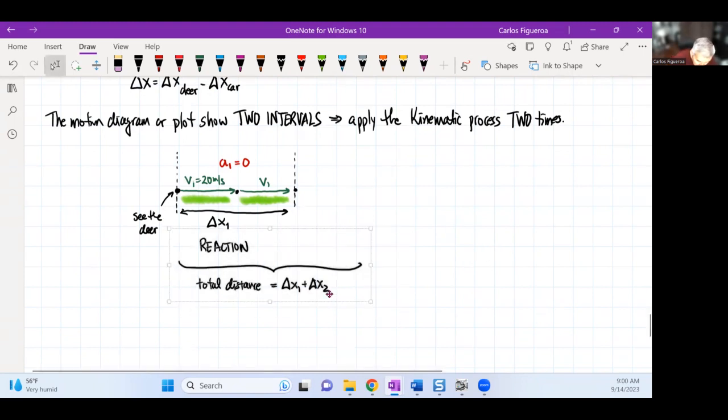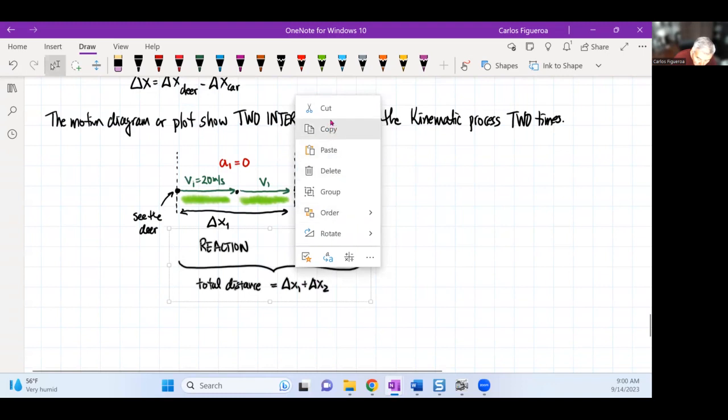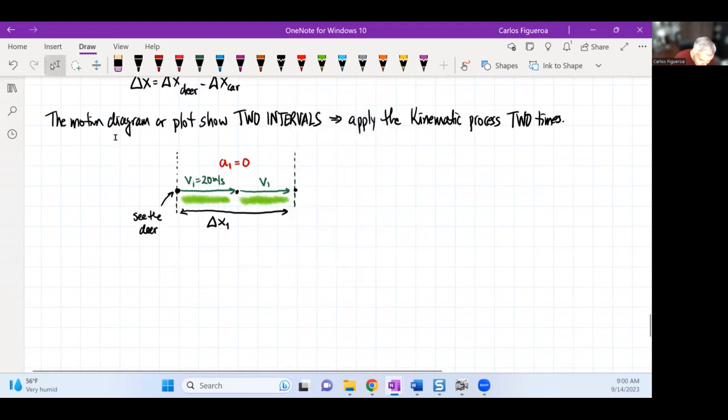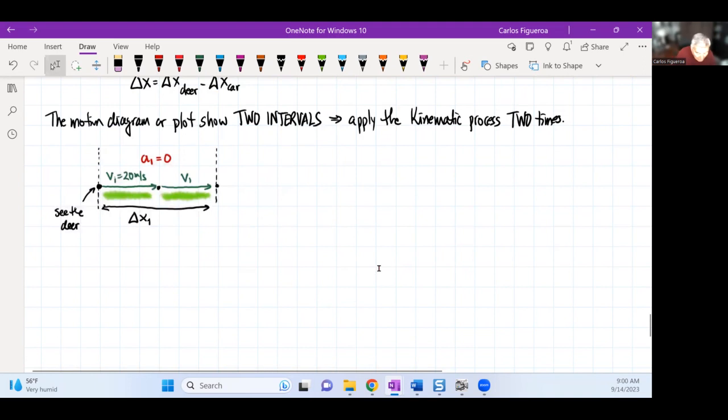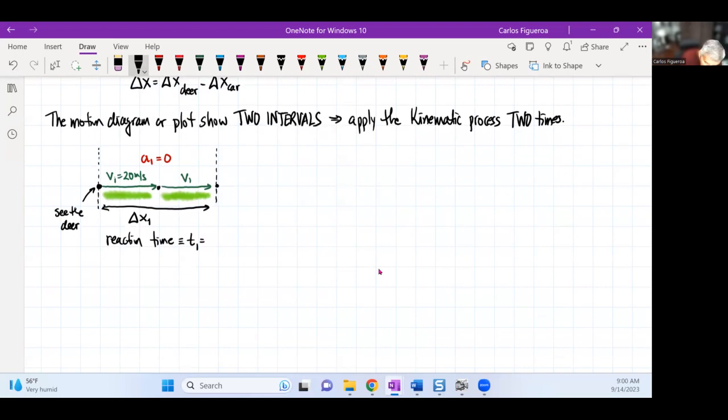Okay, so now that I have that, what do I know happens here? When I look at this motion, I'm asking, so what do I know? Well, I know that my reaction time, which I'm going to define as T1, is going to be 0.5 seconds.